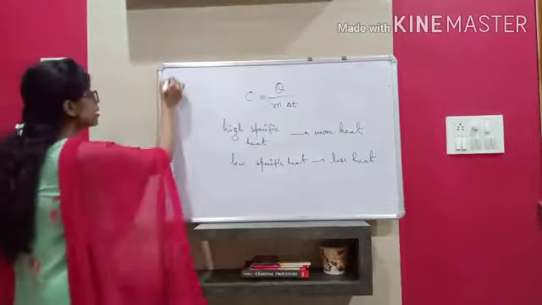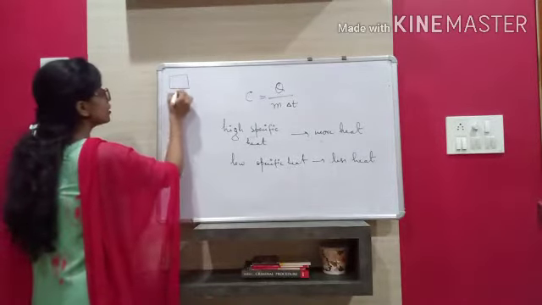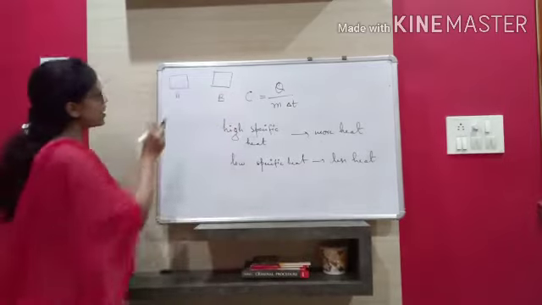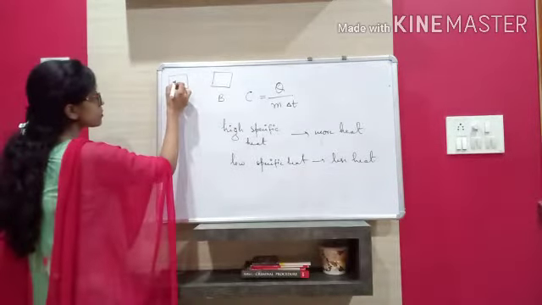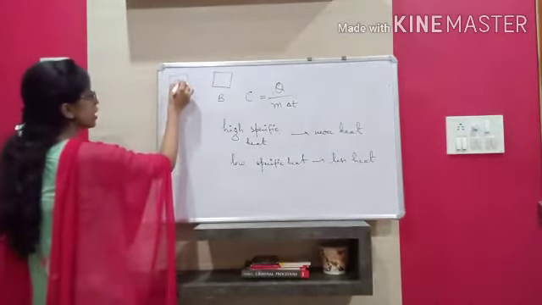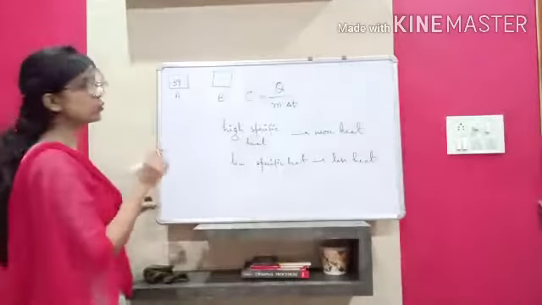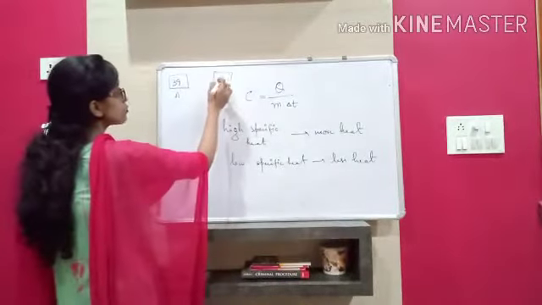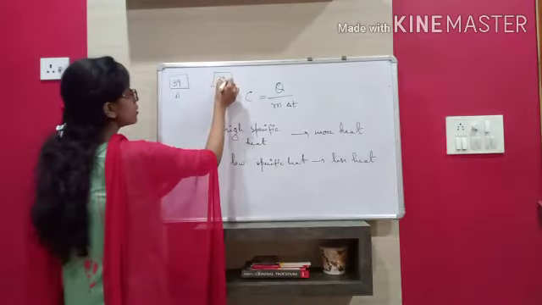Now let's see, if I am having a body A and a body B. Let's say for body A the specific heat is 39, whatever is the unit, joule per Kelvin kilogram, and for B, let's say it is 390.